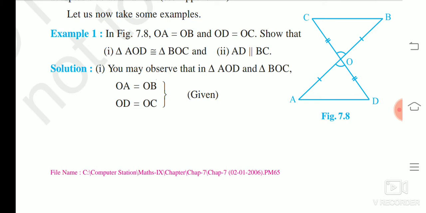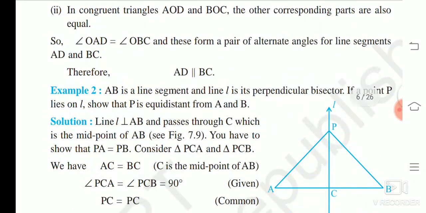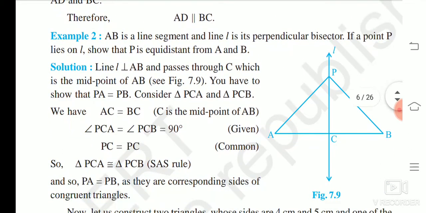If the alternate interior angles are equal, then the lines BC and AD are parallel. So this thing you already studied. So that's why pair of alternate angles for line segment AD and BC. Therefore AD parallel to BC. Right.